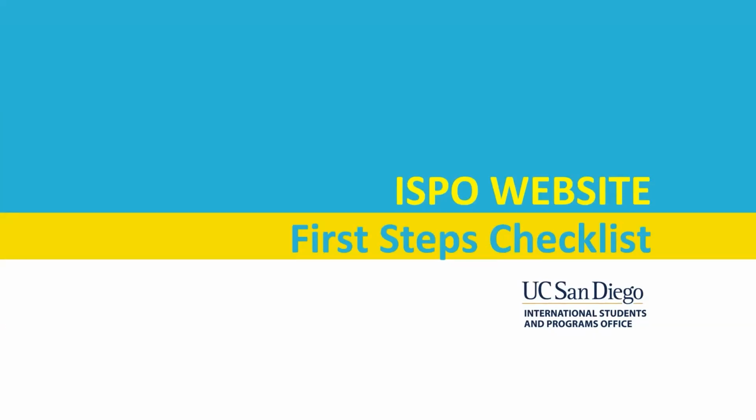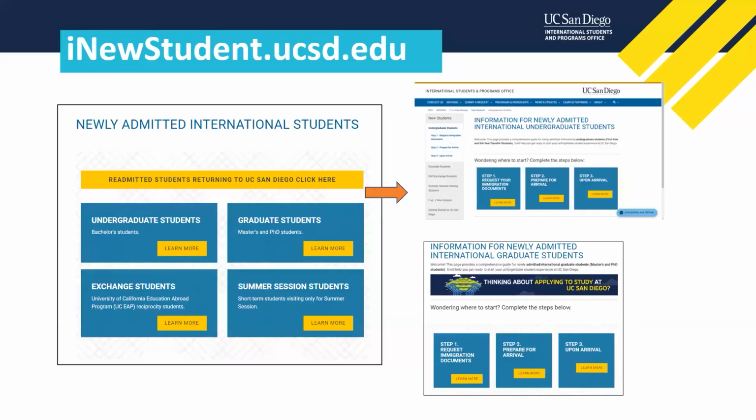Great. Thank you, Karina. I'd like to take just a moment here to go over our ISPO website, specifically our first steps checklist. For those of you who may not be familiar with this site yet, I'd like to point you to the inewstudent.ucsd.edu website that resides on the larger ISPO website. This page is dedicated specifically to new international students, just like you. When you land on this page, we've divided up the different checklist items by degree level.